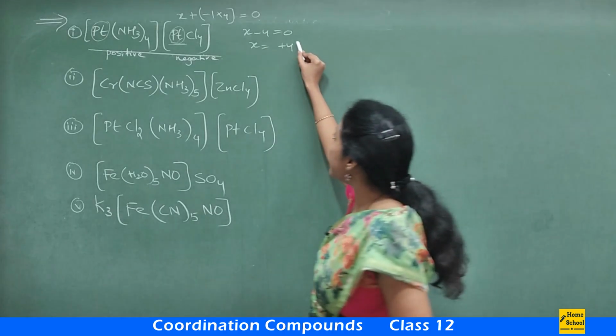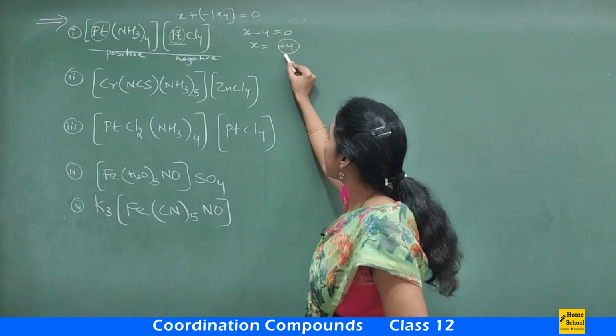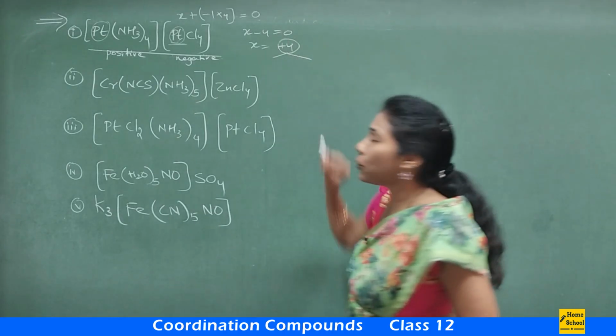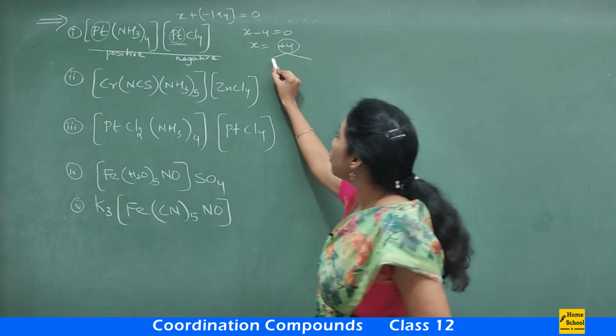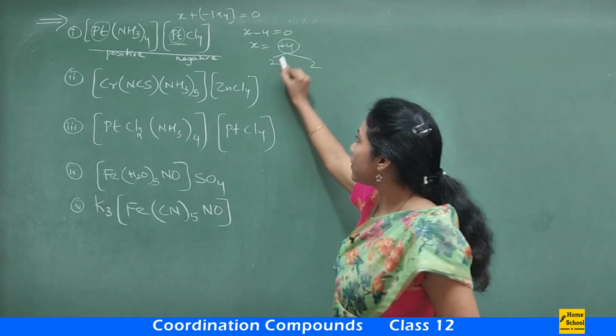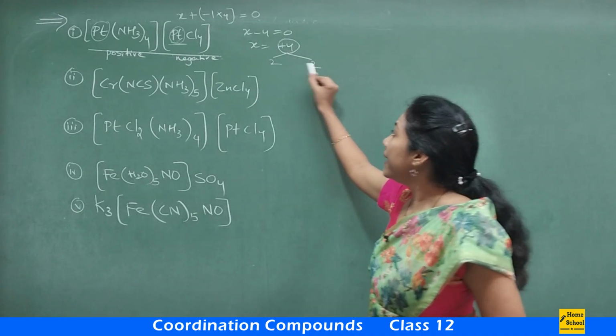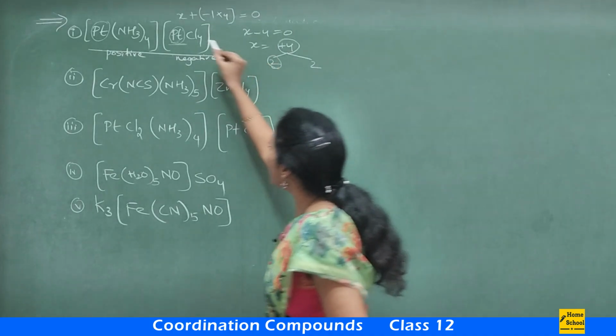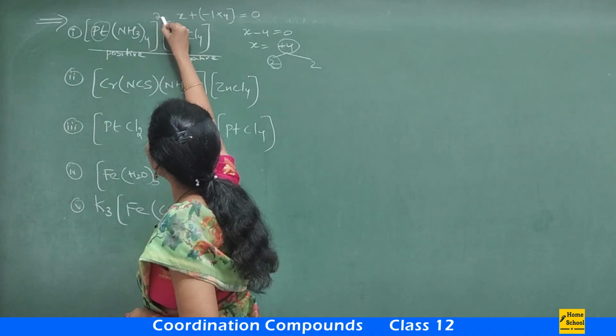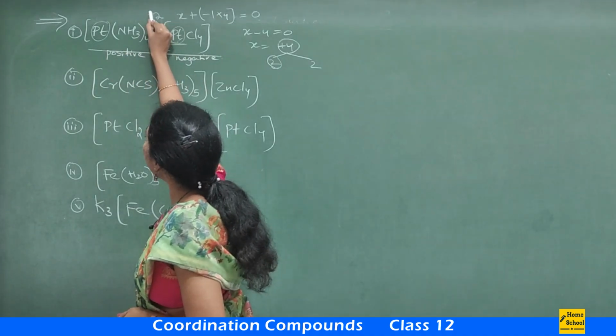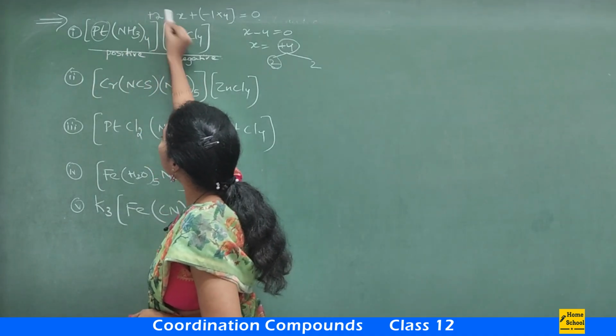This digit, 4, you divide into two parts. 2 plus 2 is 4, right? So divide into two parts, in the sense 2 and 2. Take this 2 as the charge here. Since this is the positive part, you put plus 2 above the bracket.